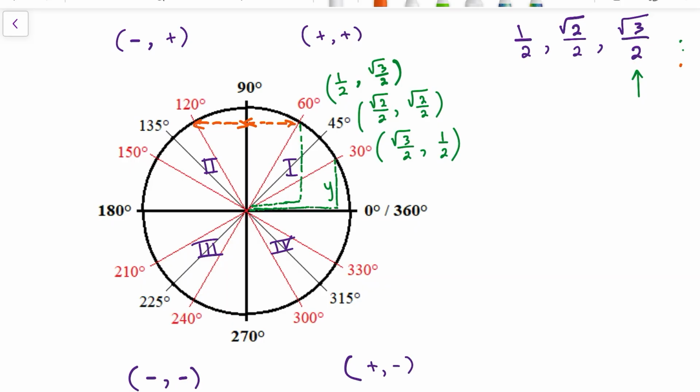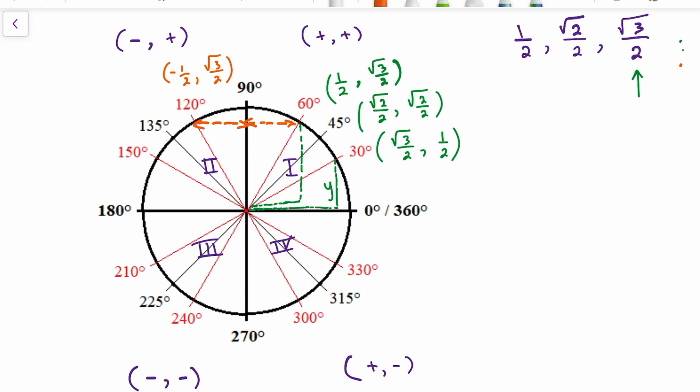That means the cosine and the sine are going to be the same, slightly, but I said slightly because we have to be careful of the signs. So the cos of 120 is going to be a negative half, negative because remember cosine is the x value, so it's on the left hand side. So we have the negative a half, and the sine is going to be root 3 over 2.